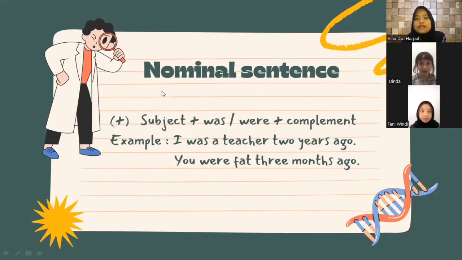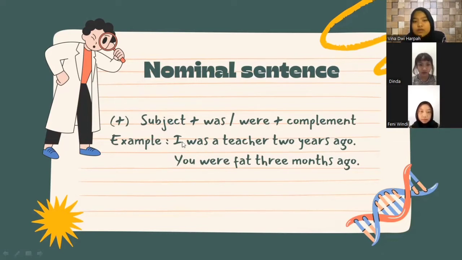positive sentence in nominal sentence form. Subject plus was or were plus complement. There is no verb because it is a nominal sentence, right? So example, I was a teacher 2 years ago.